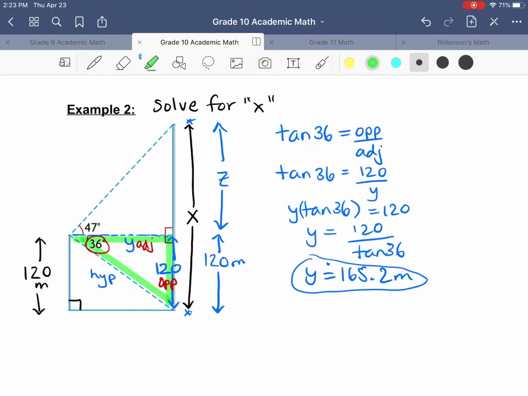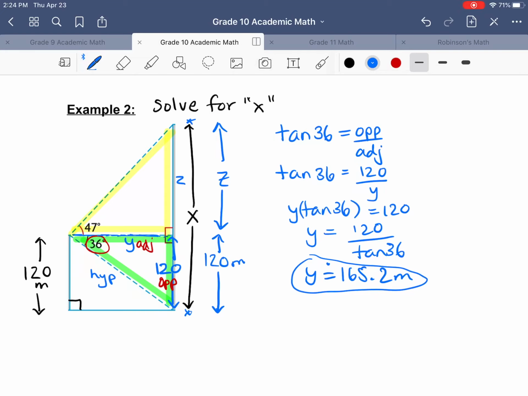We are now going to take a look at the upper triangle. I'm going to highlight this one in yellow. In our upper triangle, we just found y, which is along the bottom here, and we are given an angle. We actually have the side opposite the angle labeled as z.